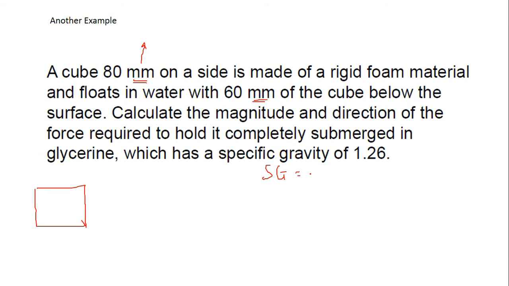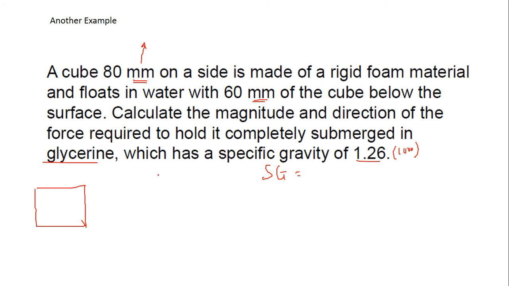So specific gravity, the number if you times 1000 gives you the rho of the glycerin. You can refer back to your equation, specific gravity, specific weight. Dia cuma tukar-tukar je.